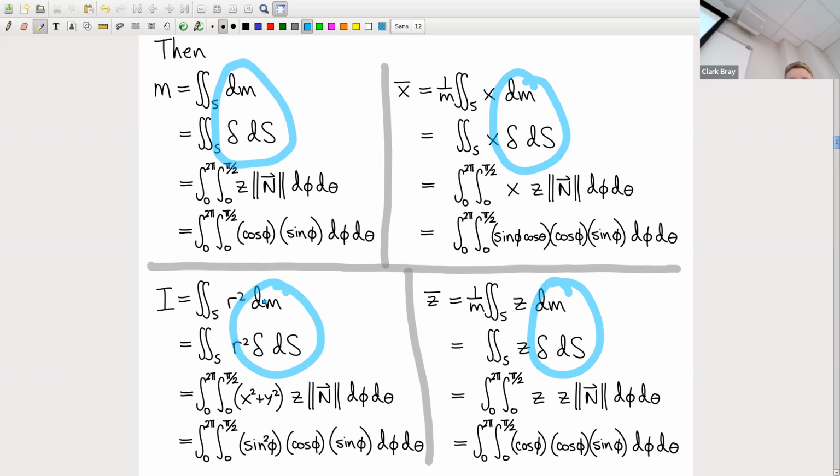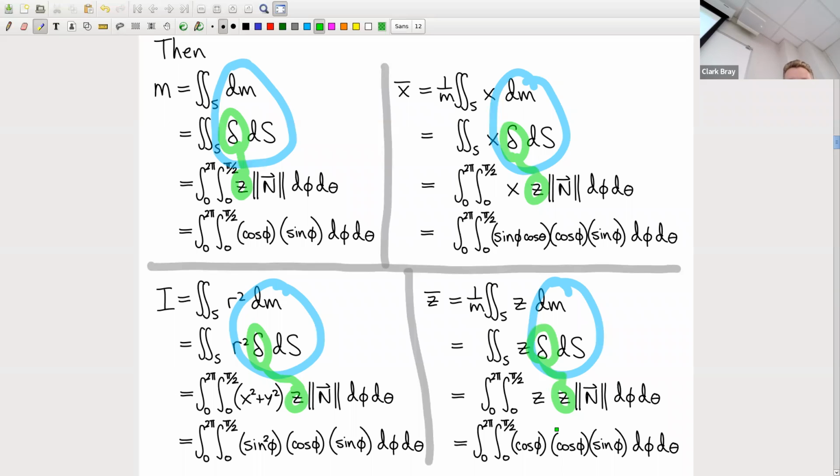Doesn't really matter what we're computing. dm is density times ds because we're on a surface. And by the way, notice density is z in all of these calculations because it's the same density on the same surface. Everything's the same, so density is still z.